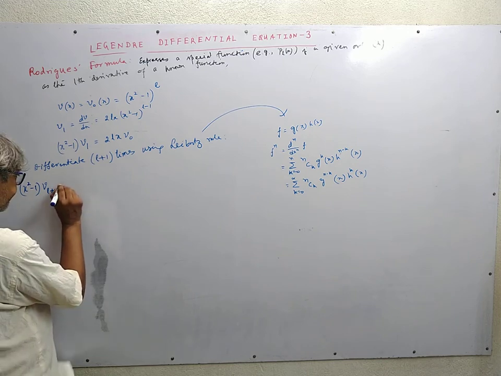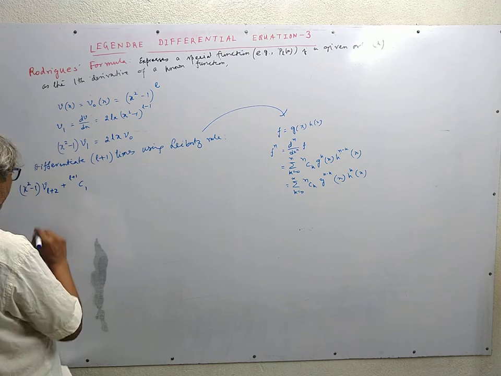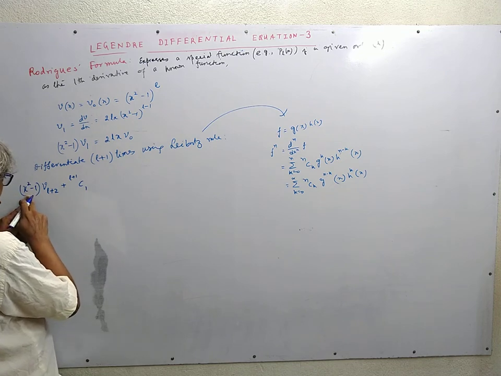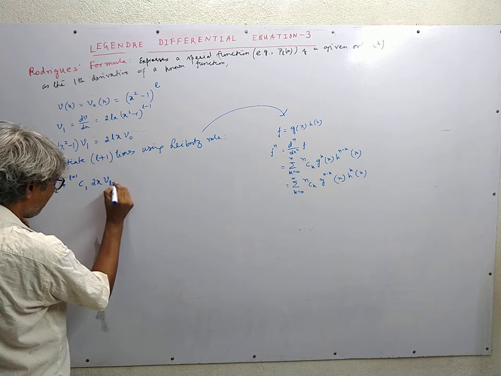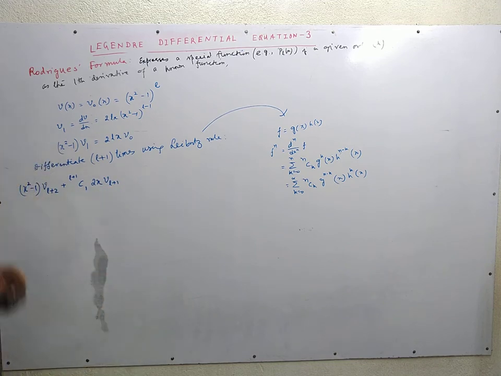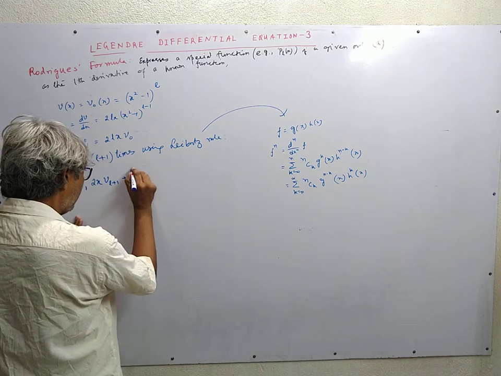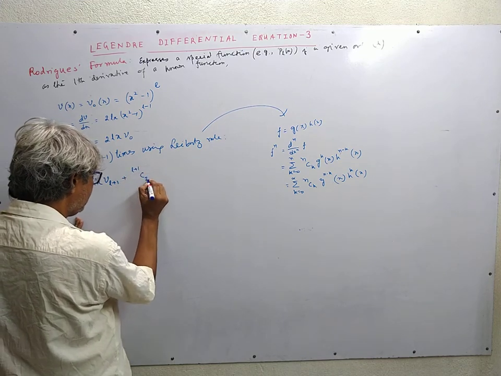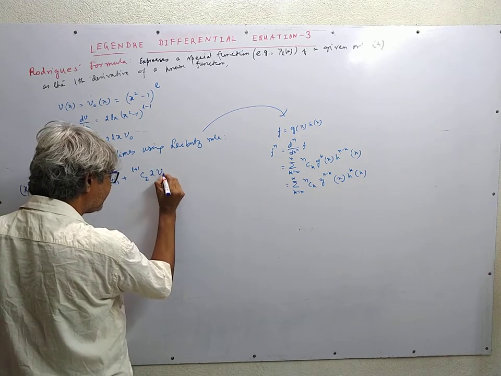Then L plus 1 C1, and the derivative is 2x, and this is V of L plus 1. Then for the second term, L plus 1 C2, the second derivative is simply 2, and this is VL.